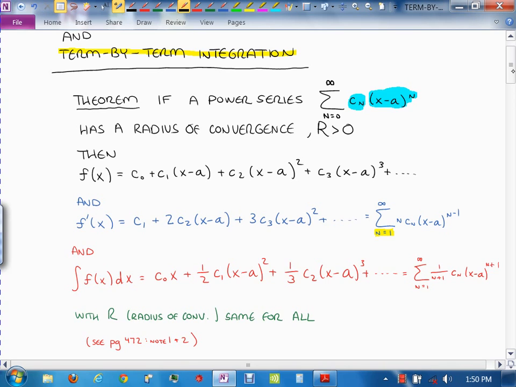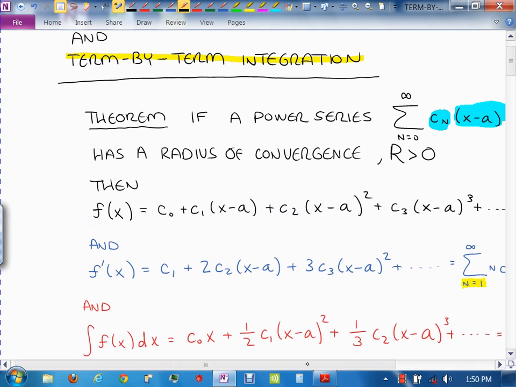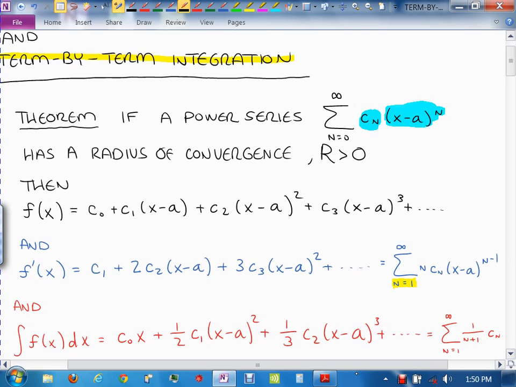What's really cool about it, I think it's cool, is that if you take this original formula right here, I wrote this really small, so I want to blow this up a little bit. There, that's a little better. I want you to notice that this formula up here in the sigma notation, if I took the derivative here, in other words, if I pulled the n out in front, I would get n c sub n, wouldn't I?